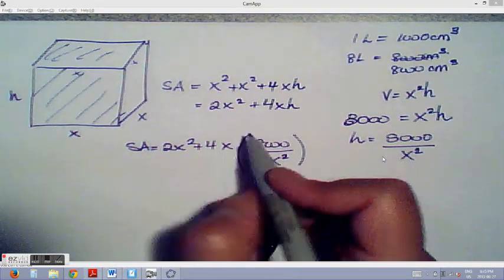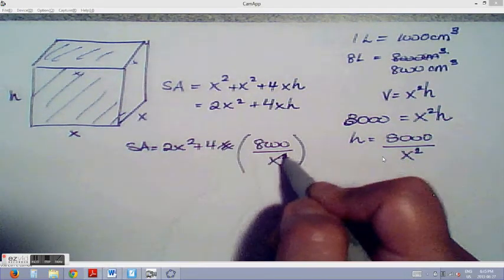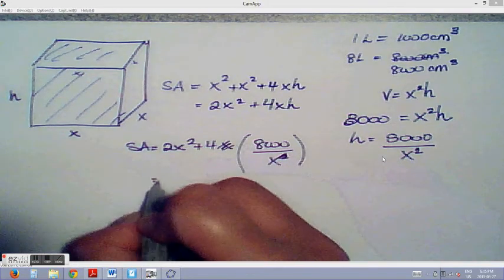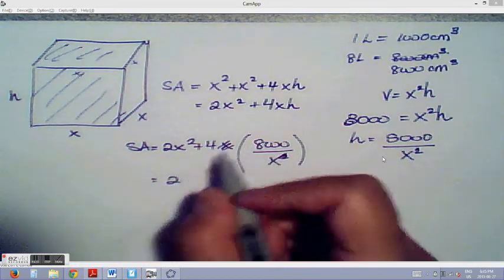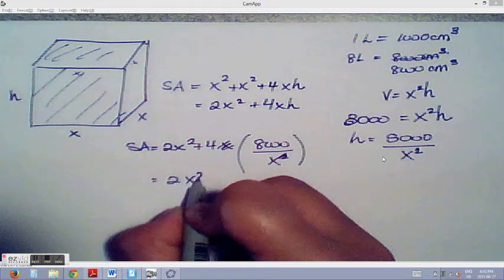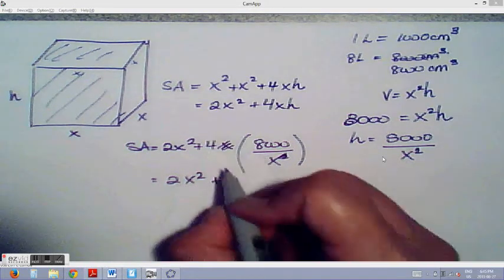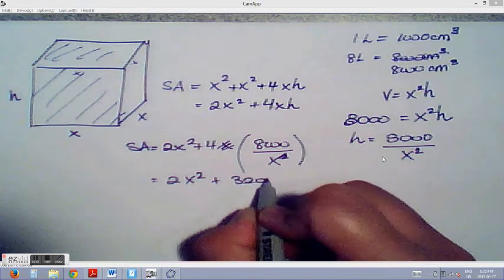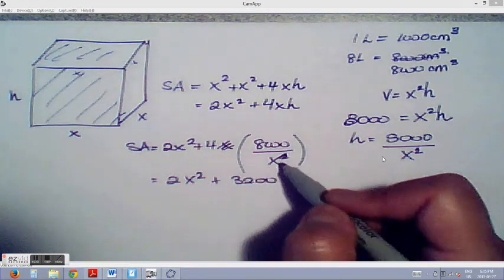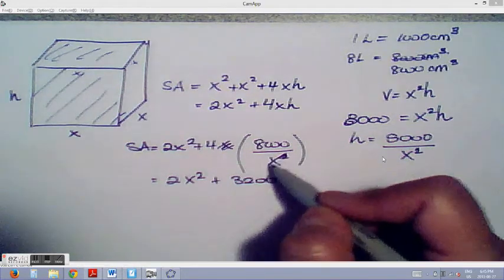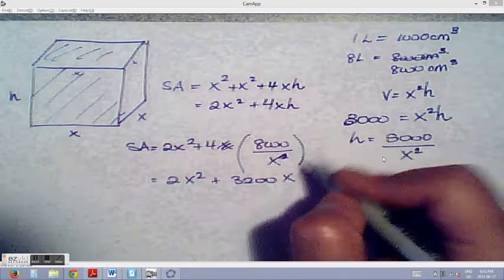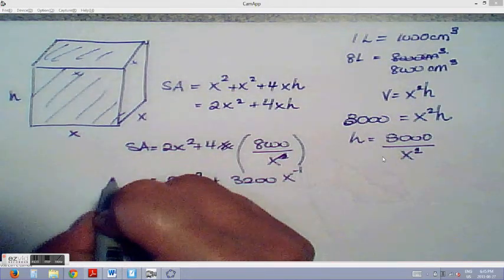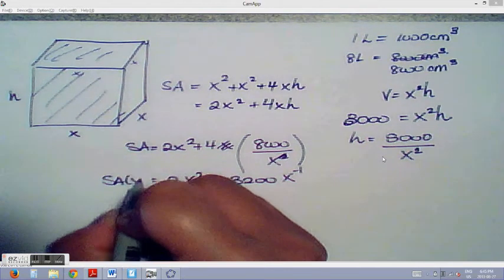One of these x's will cancel with one of those, giving 2x squared plus, now 4 times 8,000 is 32,000. Then I have an x in the denominator, but I'm going to go ahead and bring that to the numerator, and you'll see why. So now I have surface area as a function of x.